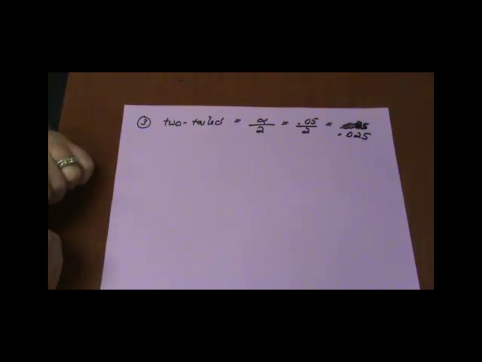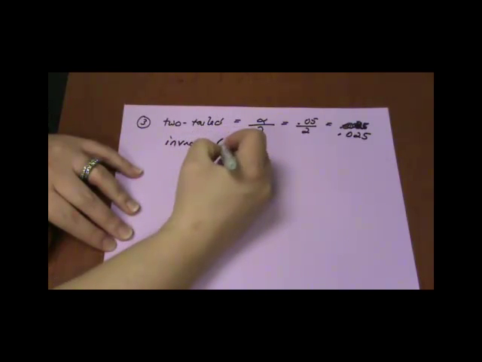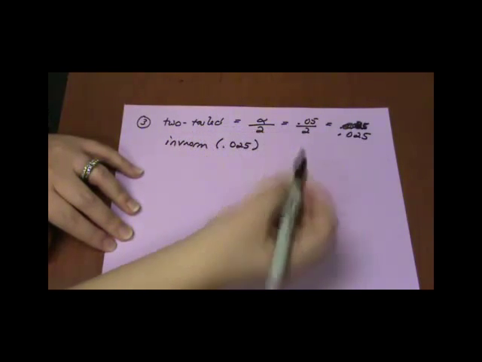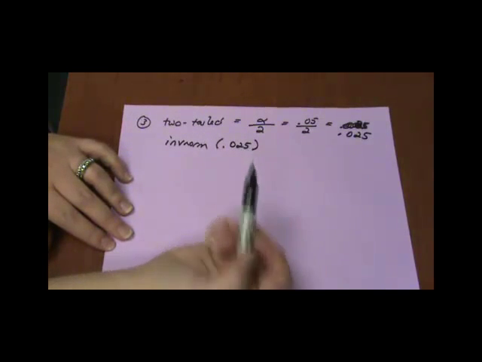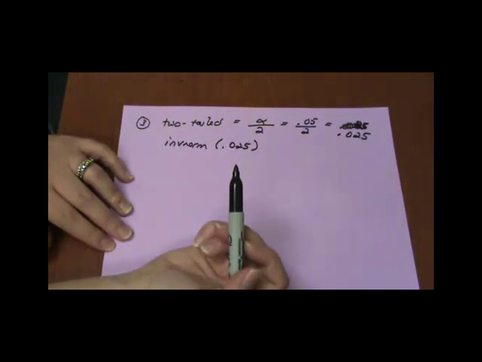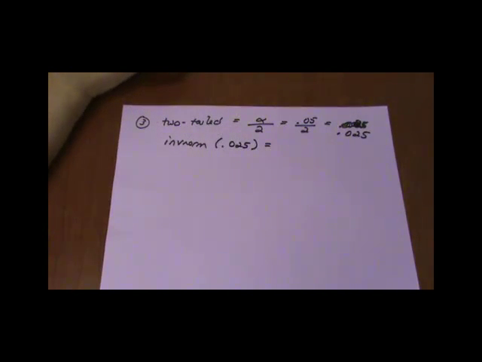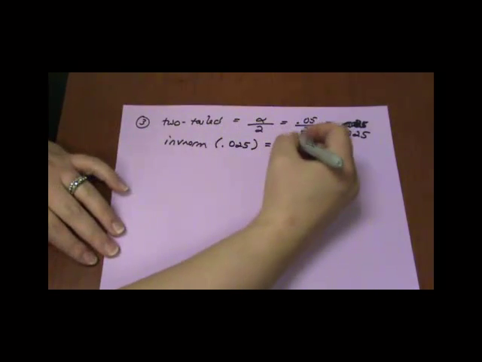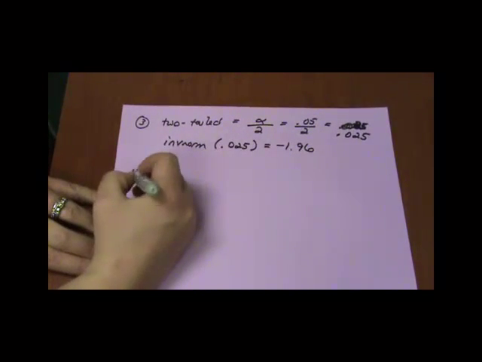So that's what we're going to do inverse norm of. I'm doing the bottom end since my test statistic was negative anyway. It just makes it easier. If my test statistic was positive, I would do 1 minus this here. So inverse norm of 0.025 is negative 1.96. That's my critical value.